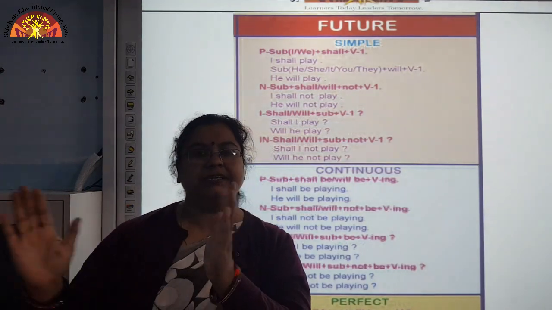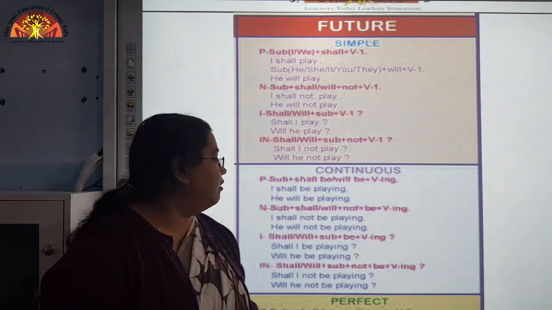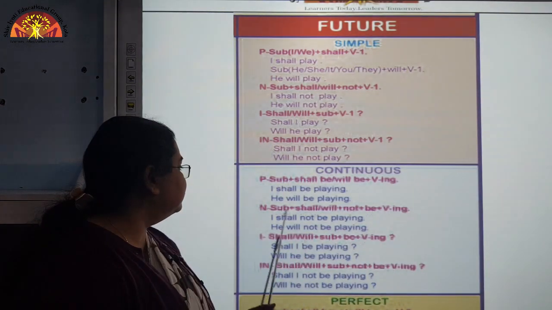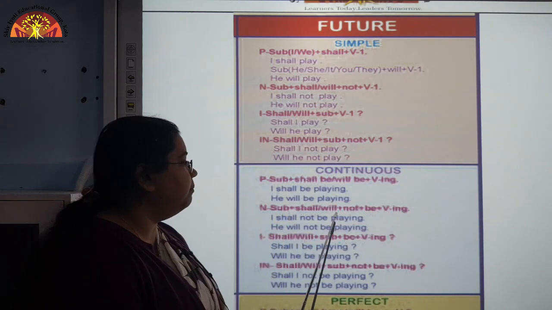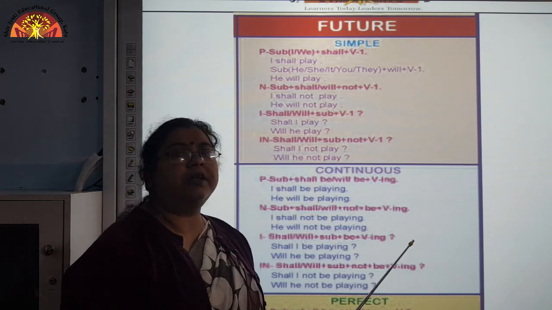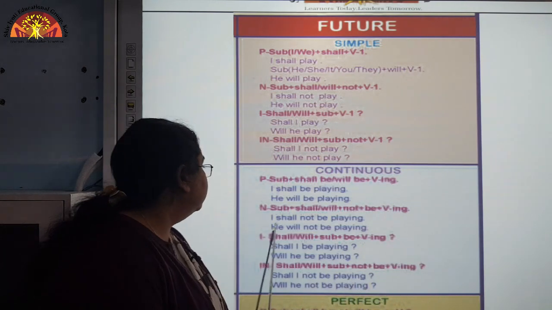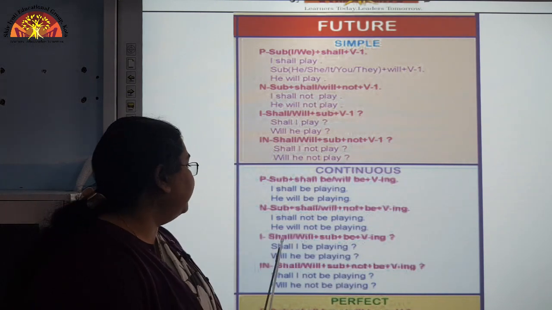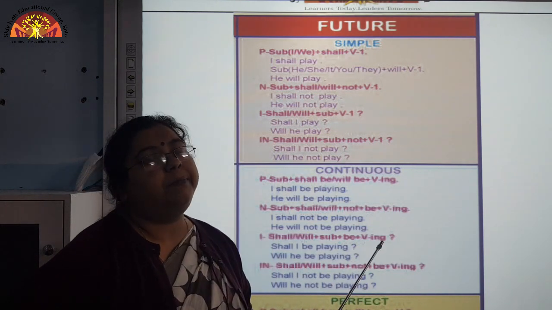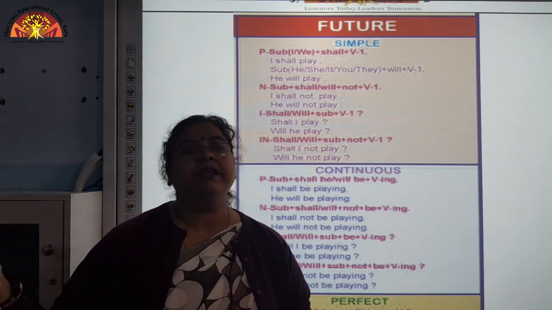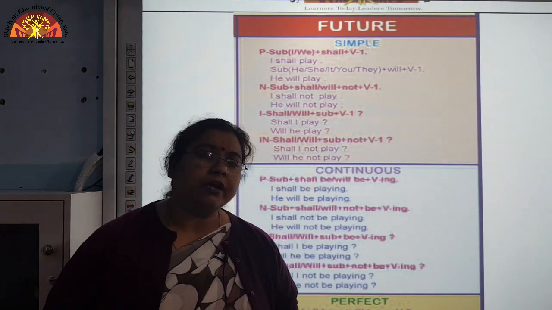Now, the next structure will be the negative sentence, that is subject plus shall or will plus not plus be plus verb ing form. So, I shall not be playing, he will not be playing, she will not be writing a letter tomorrow, like this.